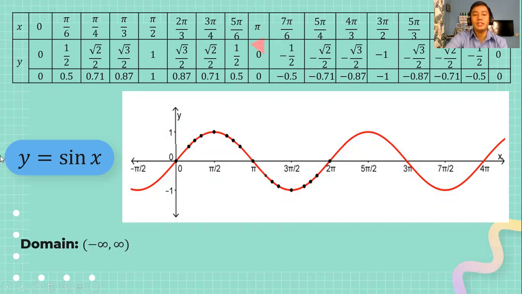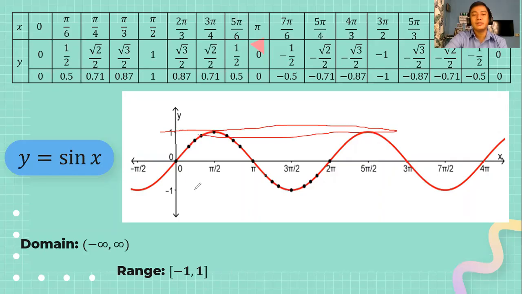Observe that the domain is continuous across the x-axis. The domain is from negative infinity to positive infinity, so it is endless across the x-axis. For the range, observe that the values do not exceed 1 across the y-axis and do not go below -1.